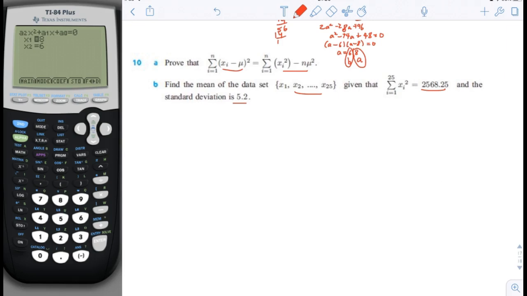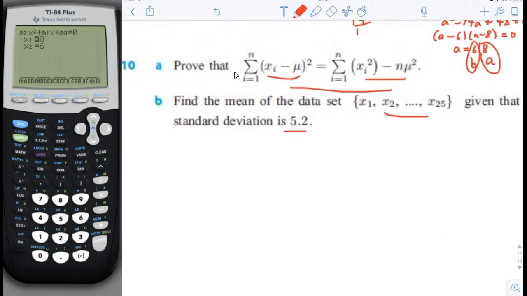So basically, this is the formula that we've been using to simplify the variance. This is the definition of the variance, and we found out that this expression here, which is a little bit easier to use, is equivalent. So let's try to prove that.